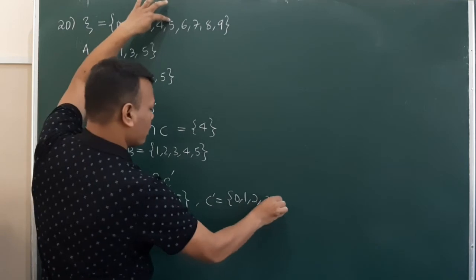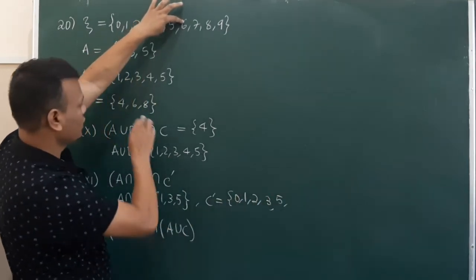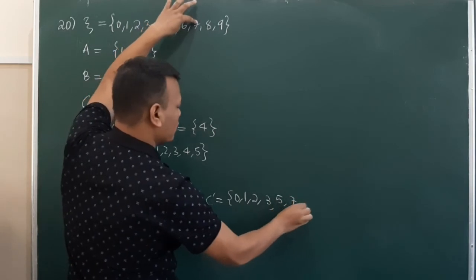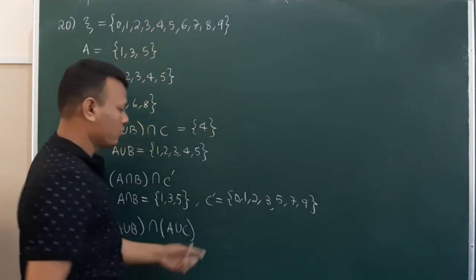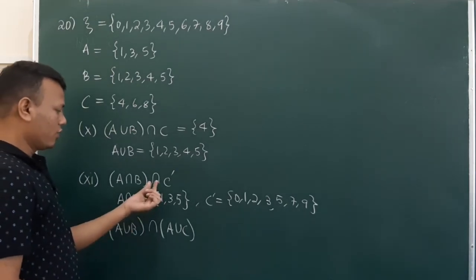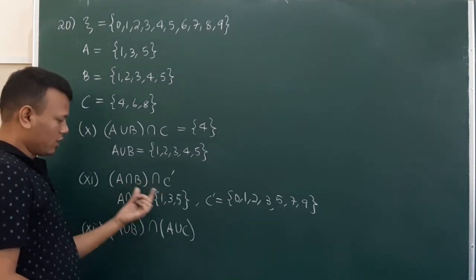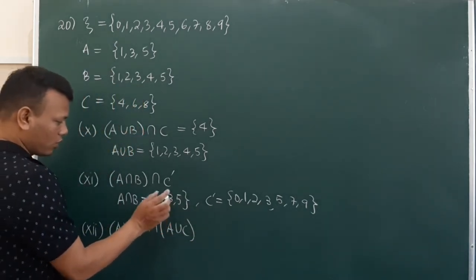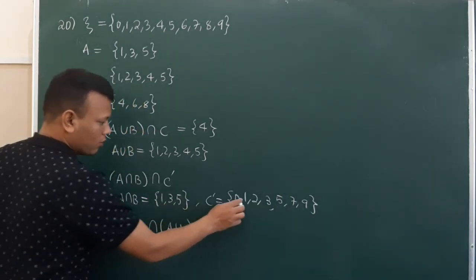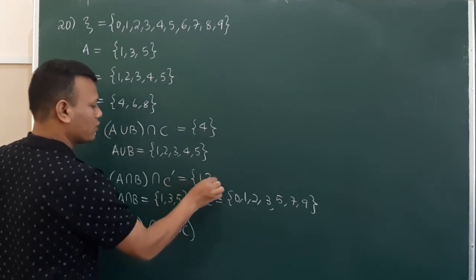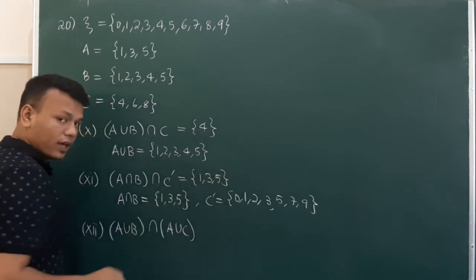So 5, 6 should be eliminated. 7 and 9 have to be included. Alright. So this is your C dash. Now you have to take the intersection of this and C dash. Alright. So what are the elements common? So the common elements are 1, 3 and 5, because 1, 3 and 5 are also present out here. So this will be a set with elements 1, 3 and 5.